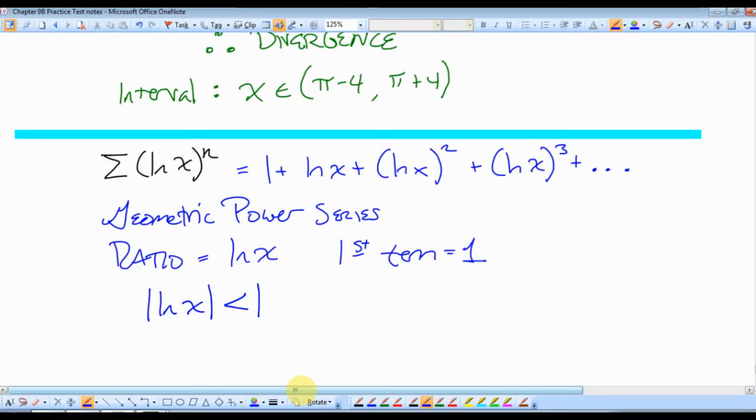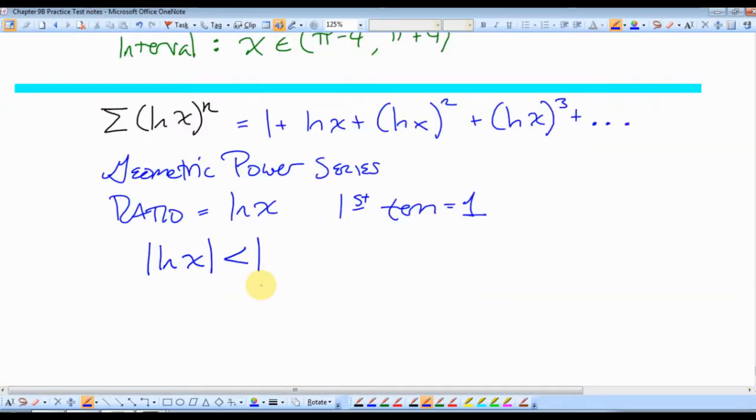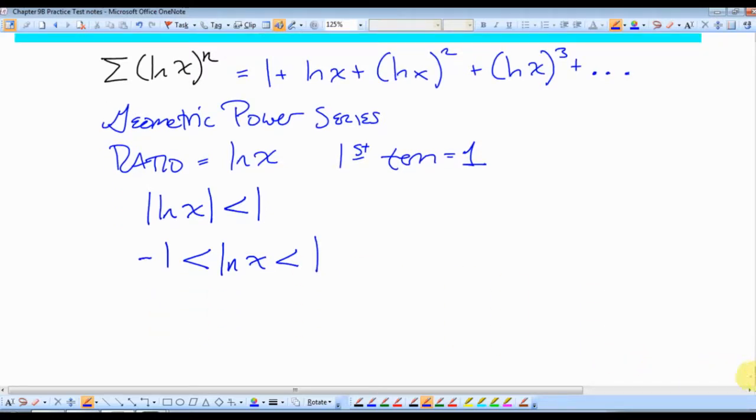What you can do is say the natural log of x should be between 1 and negative 1. And then you're going to exponentiate.